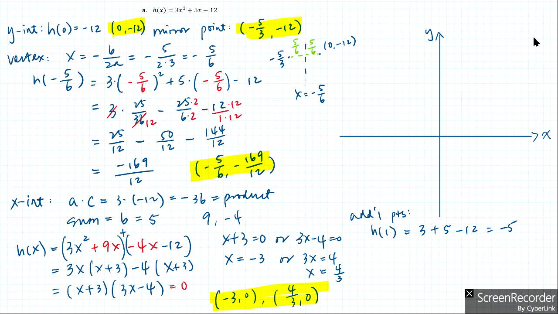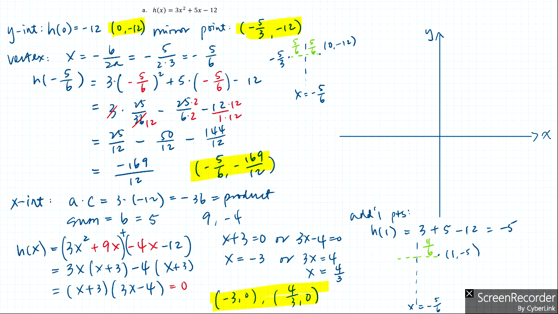And because of this, we want to do the same thing as before to find the mirror point. If I have (1, -5), and I know this line is x equals -5/6, I first want to find the distance between my point and the line. That difference in x is going to be 1 and 5/6, or 11/6.